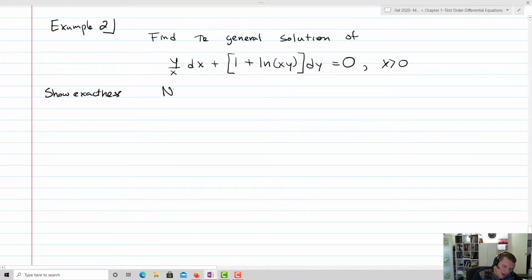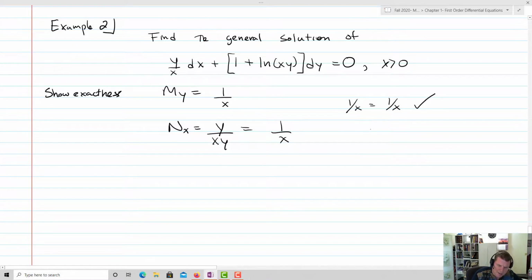My is going to end up equaling 1 over x, and nx is going to end up equaling the derivative of xy with respect to x, so y over xy, which ends up equaling 1 over x. So 1 over x equals 1 over x. Check the two equations. The equation is exact.